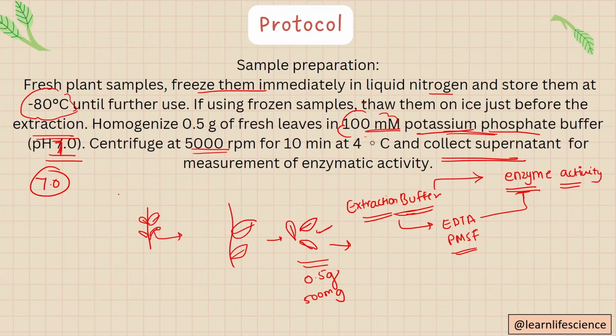The overall procedure should be carried out in a manner that the temperature of 4 degrees Celsius is maintained. For example, if you are collecting the supernatant, try to collect it at 4 degrees Celsius, then try to maintain the experimental setup at 4 degrees Celsius.